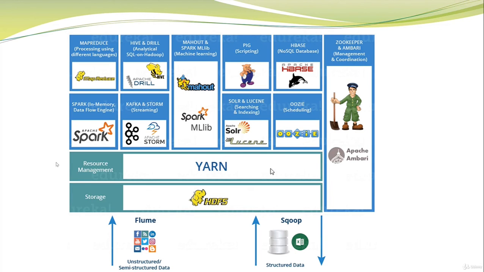Some of the most popular technologies that you might have heard of are Hive, which gives a SQL-like query interface to data stored in a big data system; HBase, a NoSQL database; Pig, a way to convert unstructured data into a structured form; Oozie, a workflow management system; Flume and Sqoop, tools which allow us to put data into Hadoop and get data from Hadoop; and finally, Spark, a way to perform really cool, complex transformations in a functional way on big data.